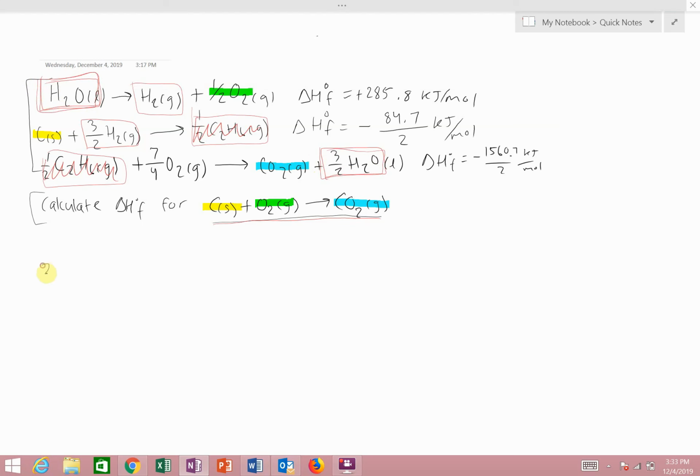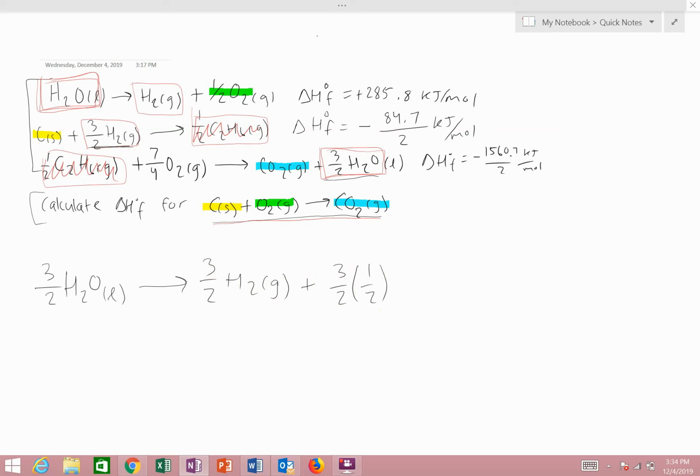If we multiply by 3/2, we get 3/2 moles of water, and notice that we can now cancel this one down here. We'll get 3/2 moles of hydrogen gas, and we'll get rid of this one here now because of that. So that actually is working in our favor. And now we'll multiply 3/2 times half, which is 3/4.